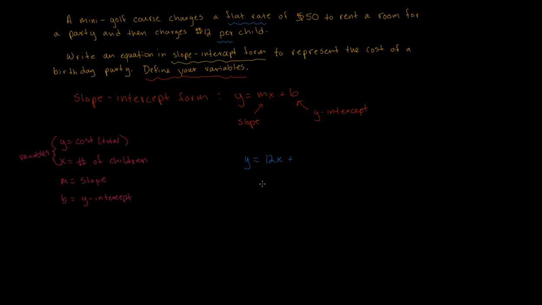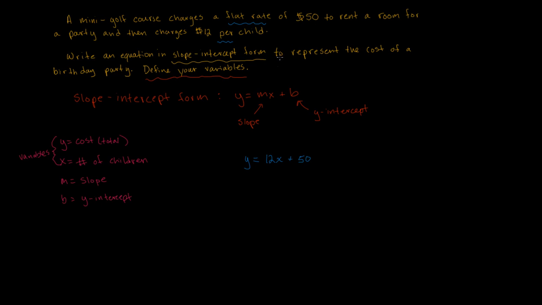Let's say the birthday boy gets sick and none of his friends want to come, but we still already paid for the room. If x is equal to 0, we're still going to have to pay $50 to rent that room. So $12 per child plus the $50 that it's going to cost us to rent the room.